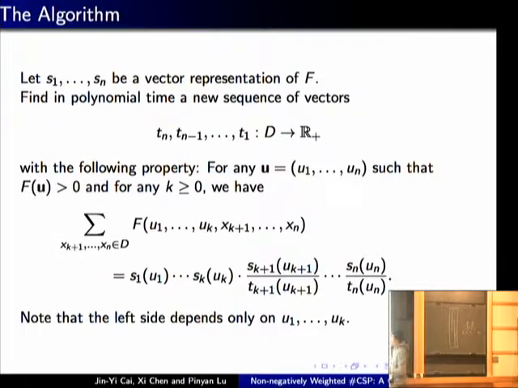Suppose I fix the first k variables to be u1 up to uk, and I ask you to compute this exponential sum for me. Then I can pick any u with prefix u1 up to uk, and f of u is positive. If I can find such a u, then I can use this equation to evaluate the right-hand side, and I will get the answer to this exponential sum. You can pick any u you want as long as they have the same prefix u1 up to uk.